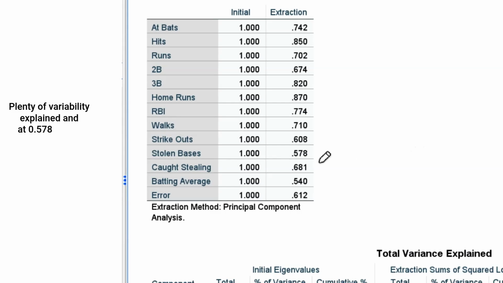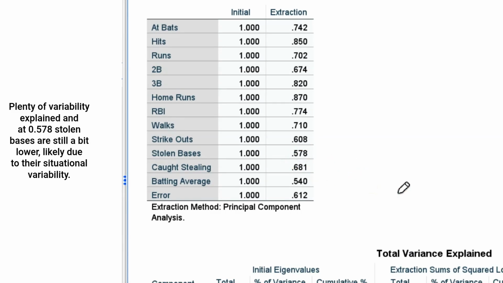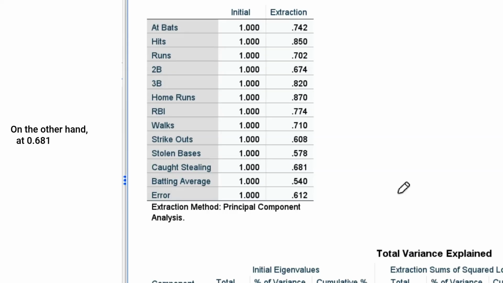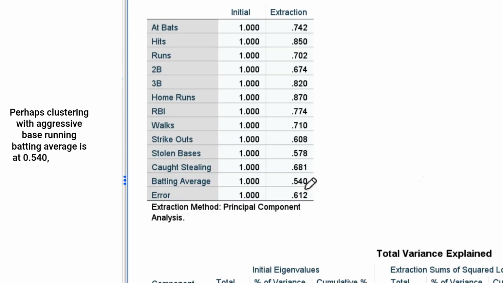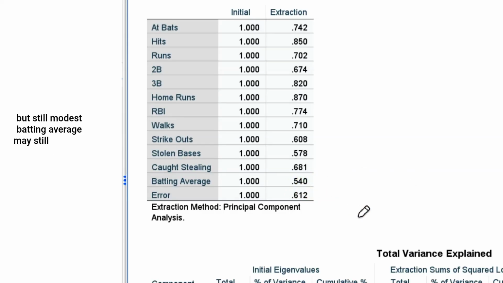And at 0.578, stolen bases are still a bit lower, likely due to their situational variability. On the other hand, at 0.681, caught stealing fits well, perhaps clustering with aggressive base running. Batting average is at 0.540, which is slightly improved but still modest. Batting average may still act a bit independently. At 0.612, errors are now more cleanly captured, likely part of a defensive component.